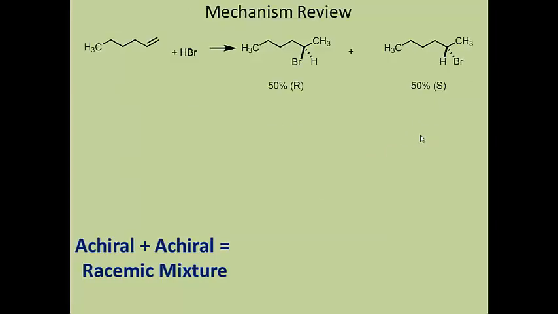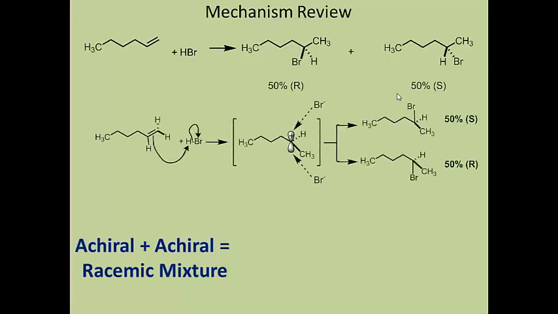All right. Now let's look at the mechanism. Hopefully you remember this mechanism well. Here's the double bond attacking HX. Here's the bond between HX breaking and the electrons going on the bromine. You get a carbocation intermediate.